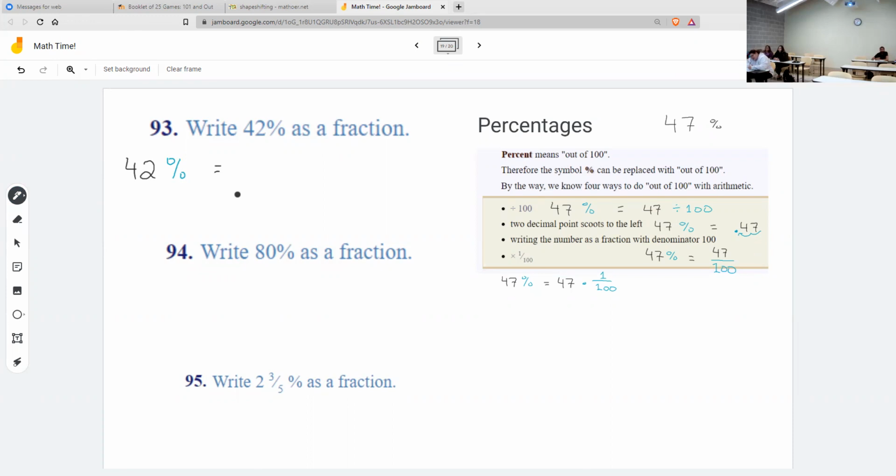So which is the easy way to make a fraction of our four options? 42 by 100. The top one, the divided by 100. No. That doesn't get me a fraction right away. Oh, divided by the 100.